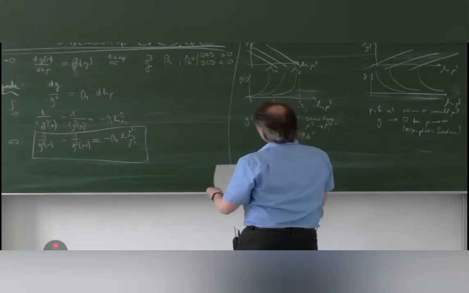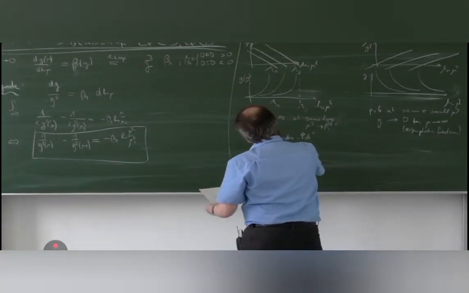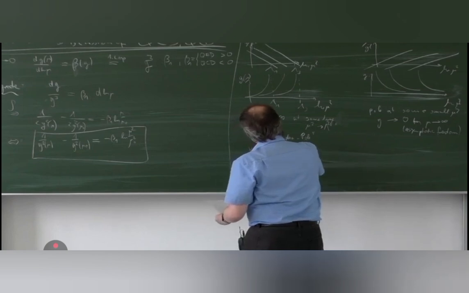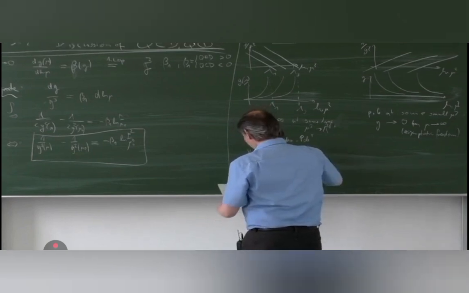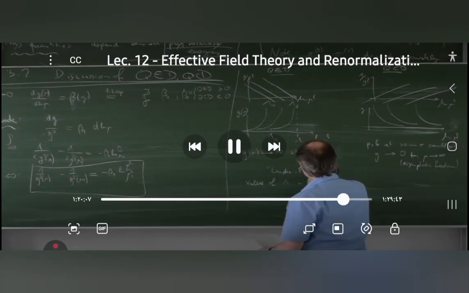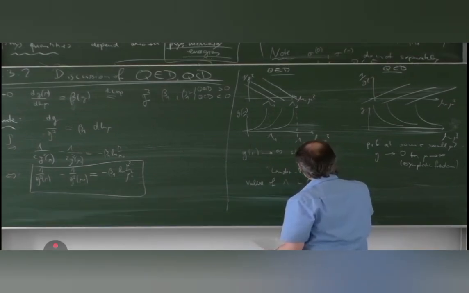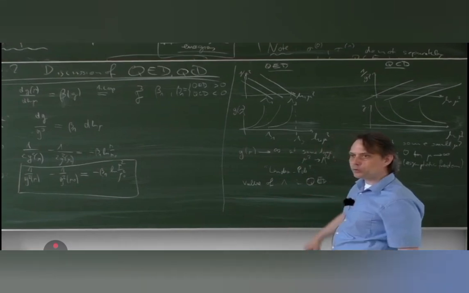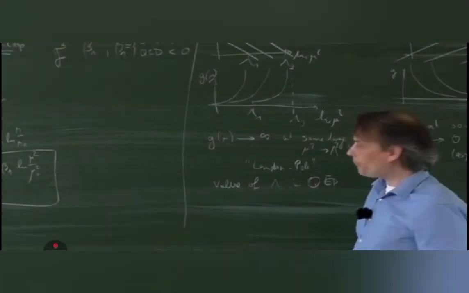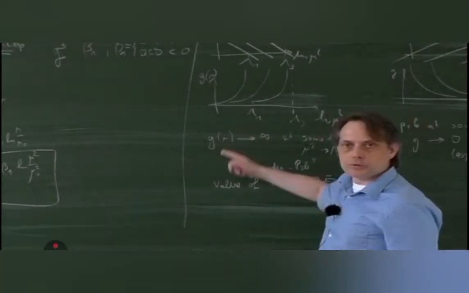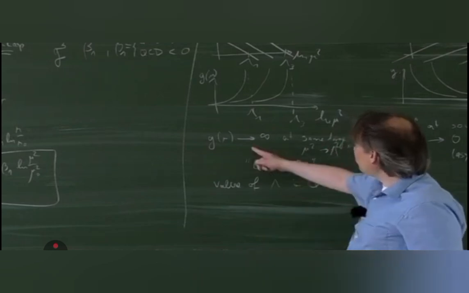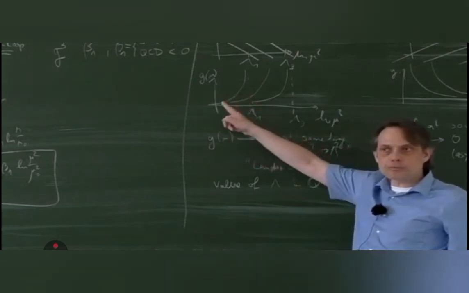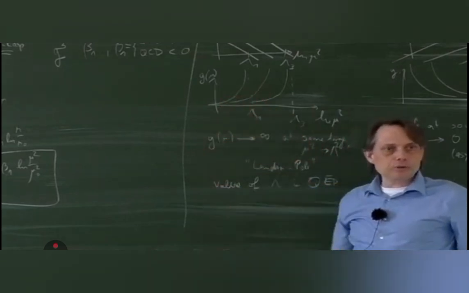So, just for fun, I wanted to compute maybe the value of lambda in actual QED. What is the value of the Landau pole in pure QED, where we know everything? We have experimental values for the starting value of the coupling. We know the beta function, and therefore we can compute the Landau pole.